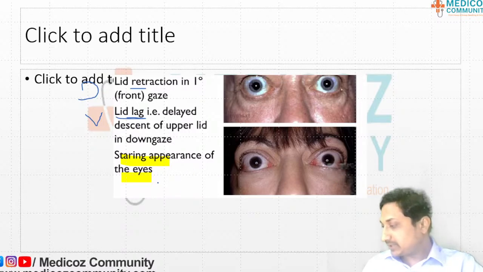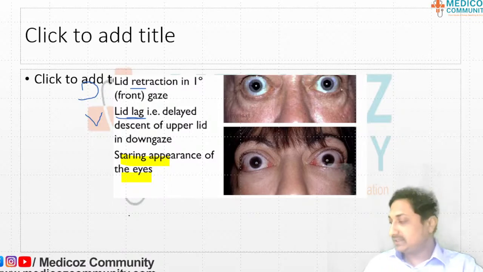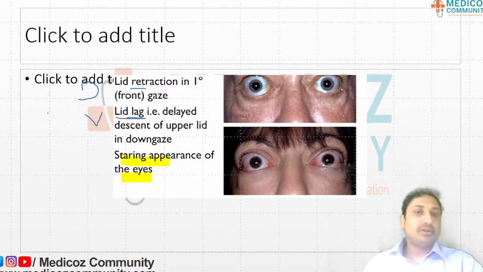Griffith's sign is lid lag on upgaze. Möbius sign is inability to converge the eyes. And Stellwag's sign is infrequent and incomplete blinking. When we deal with thyroid disease in detail, we will see these signs in more detail.